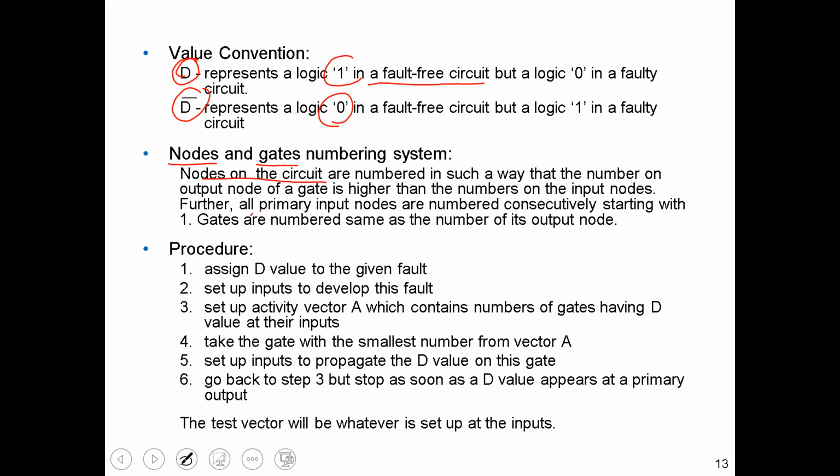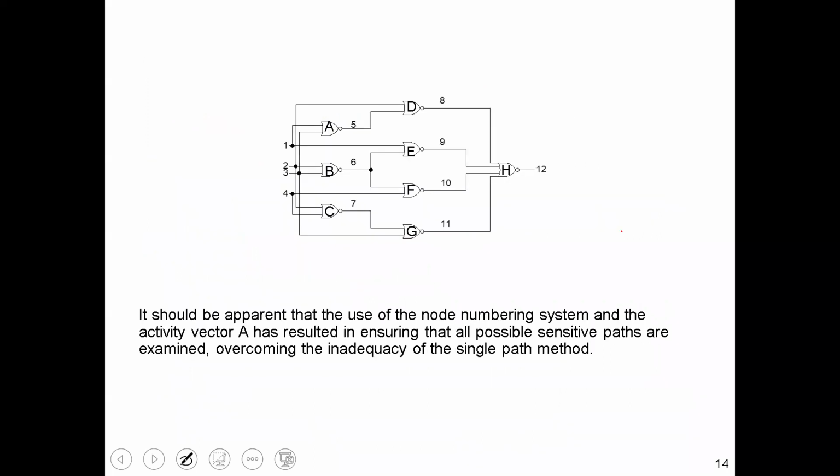And all primary input nodes are numbered consecutively, starting with number 1. And gates are numbered the same as the number at their output. Say for this gate, its output is 5, so we give a gate number 5 to this gate.